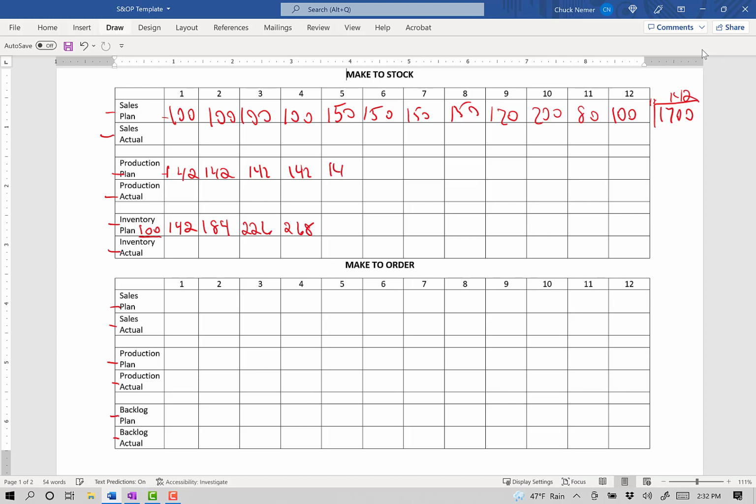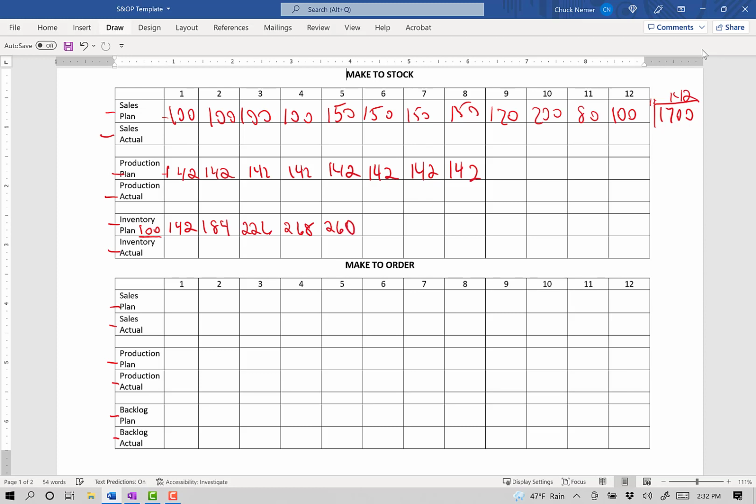So we're going to keep going because we said level production. So let's do the next 4 months with 142. So in this case, we're selling 150. We're only producing 142 of them. So the other 8 come from stock. So in period 5, we're going to go down by 8. We're going to pull the other 8 from inventory to sell it.